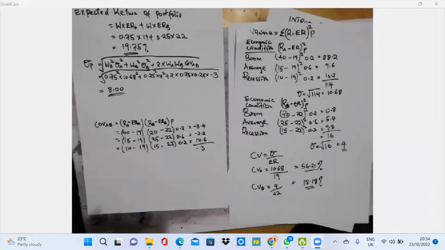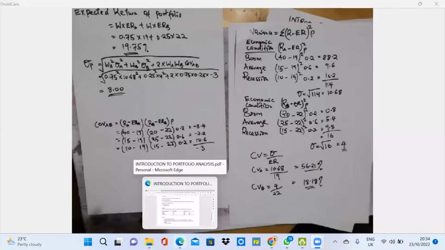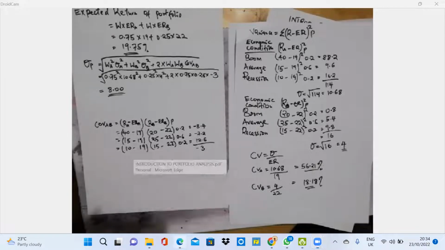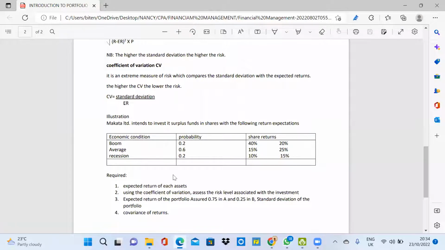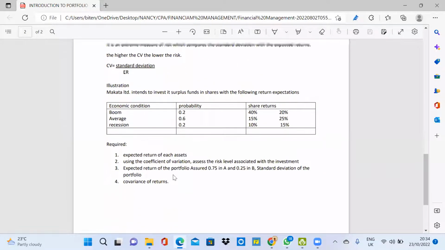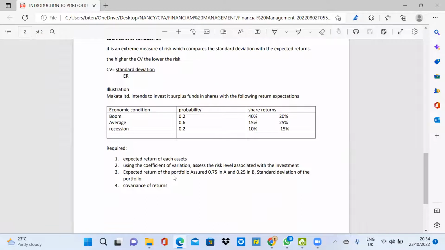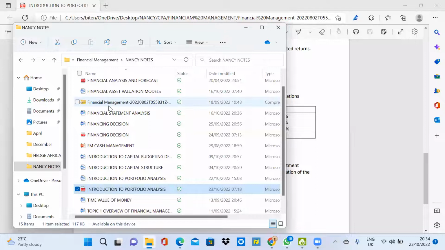So that is what you are required in this illustration here. So we can look at an exam question. We can do like 2 or 3 to see if we have mastered it. Let me look for a question.